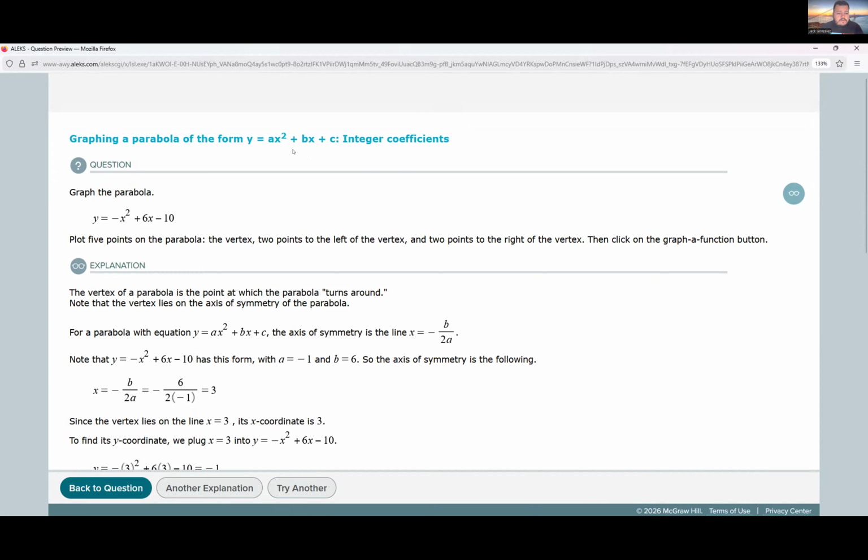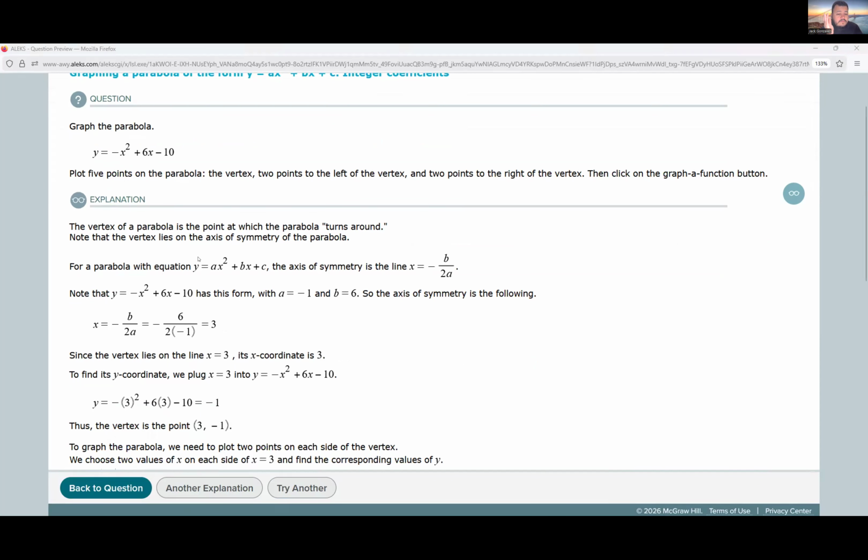Okay, so the problem is in this form here, x squared plus bx plus c. We want it in the other form because you can just pull a vertex off it like we did before, but you can also use this formula right here. So this is pretty cool. So you can find the x value for the vertex right away. So I would write this formula down.